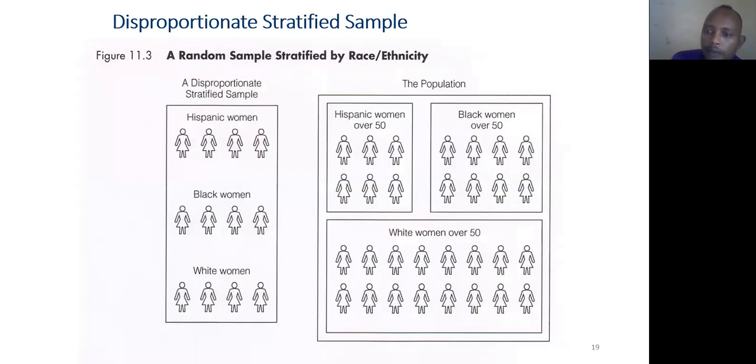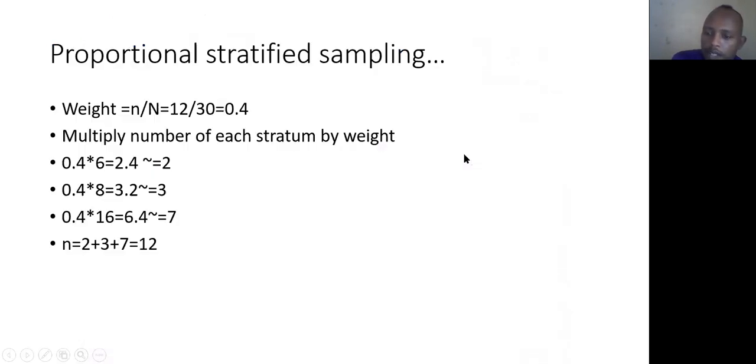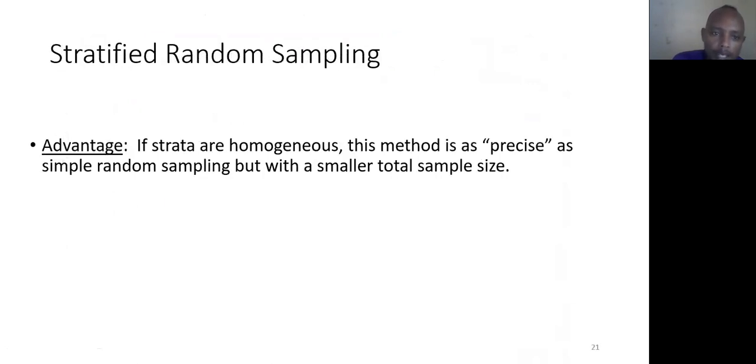To do that, we multiply 8 by the weight. The weight is 0.4. It gives us 3.2. That is 3. And here we have multiplied 16, the number of women in the stratum, by the weight. We obtain approximately 7. When we sum up all, it gives us 12. This is the proportional stratified sampling method.